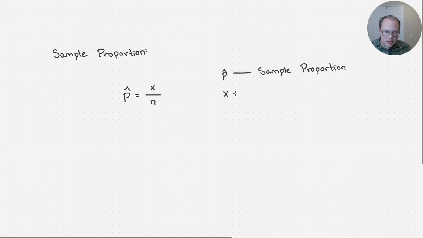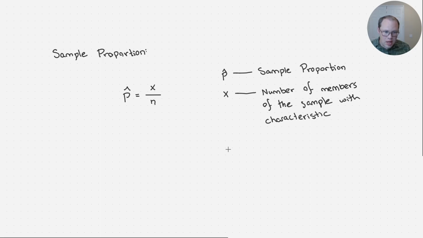Little x is the number of members of the sample with the characteristic that we're measuring. And n is the sample size.